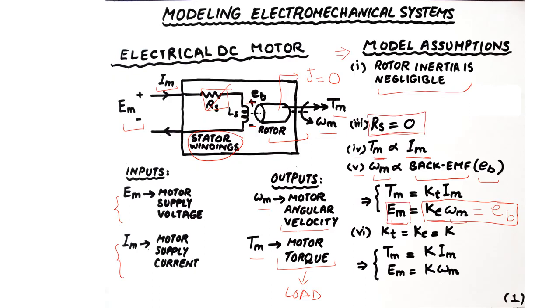In other words, we are going to say that the supply voltage is directly proportional to the motor speed. That's because Rs is equal to zero.